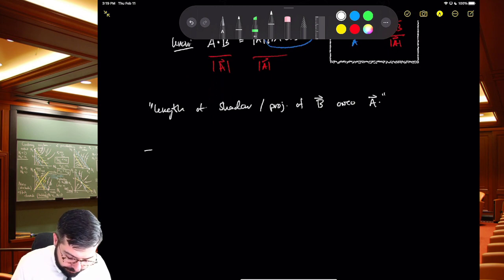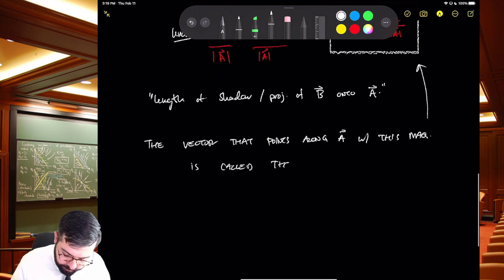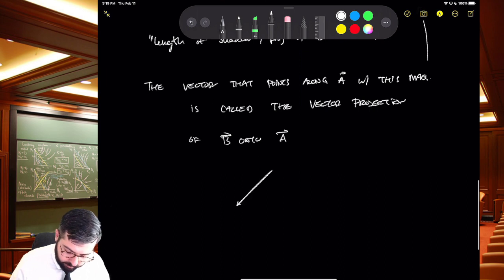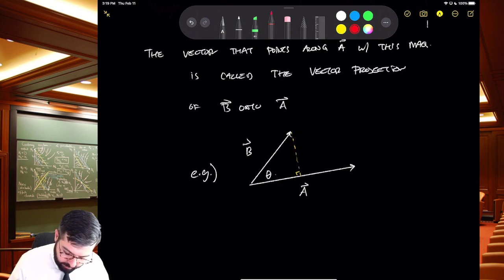And so the vector that points along A with this magnitude is called the vector projection of B onto A. In other words, if I have this vector B, this vector A, this vector here starts at the same tail and terminates where the shadow ends.